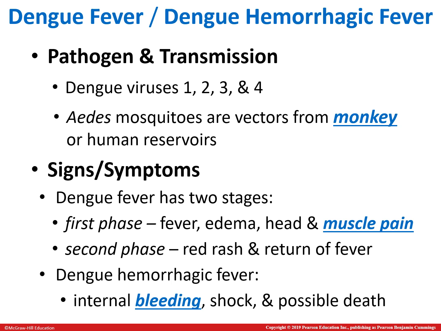So again, it's the more severe and it's sort of the secondary version of the infection. So you can get dengue fever 4 different times if you get exposed to each of the 4 different viruses. But the first time you are re-exposed to any one of them, you'd probably get the dengue hemorrhagic fever, which is much more severe and has the characteristic bleeding and is potentially fatal.